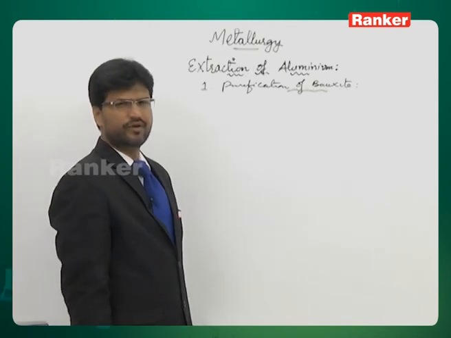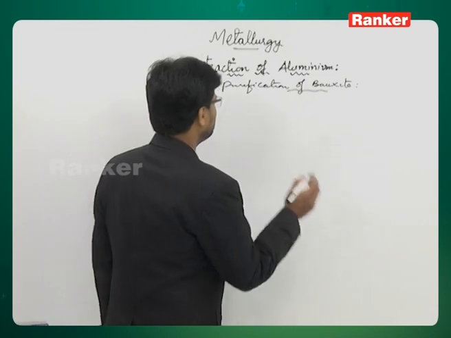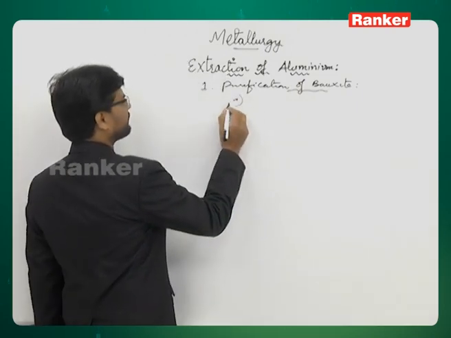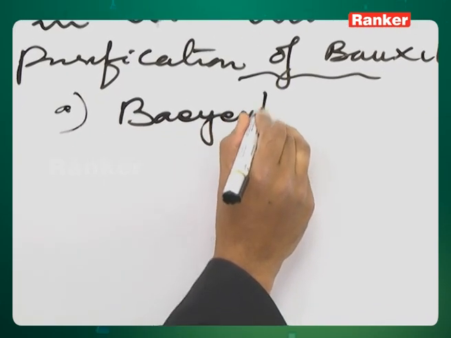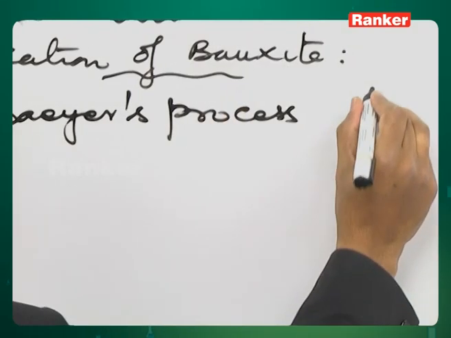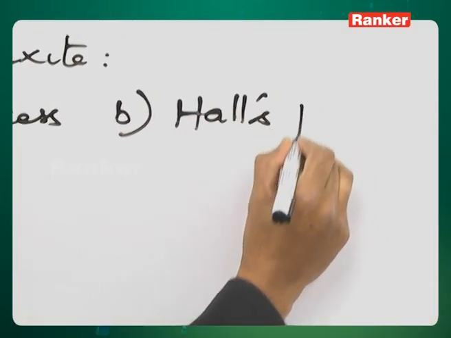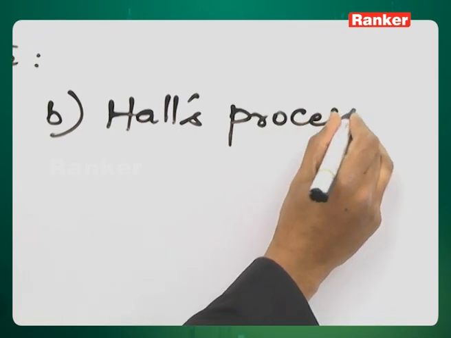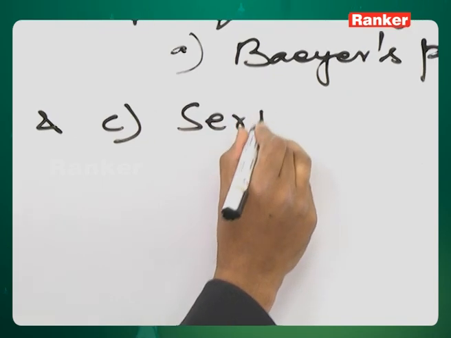Now the first stage, purification of bauxite. Here we have three different methods available. A, Bayer's process. B, Hall's process. And C, Serpek's process.